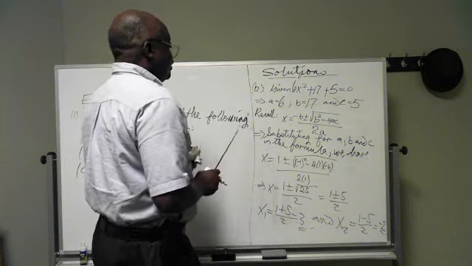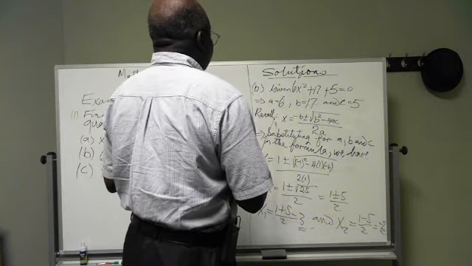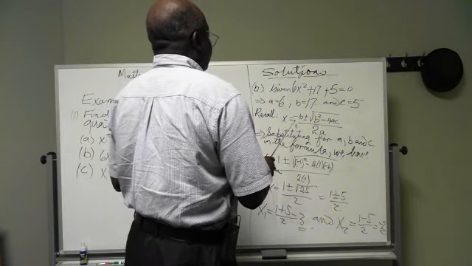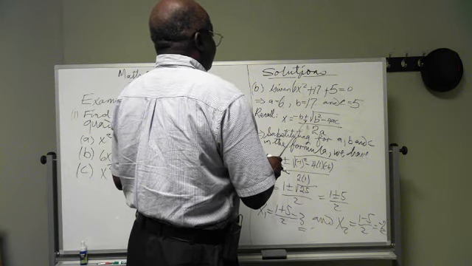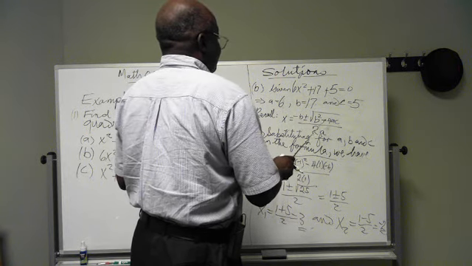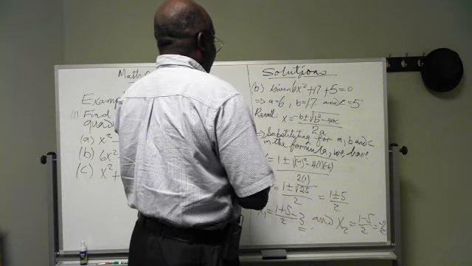So recall this equation. Recall x equals minus b plus or minus the square root of b squared minus 4ac over 2a.